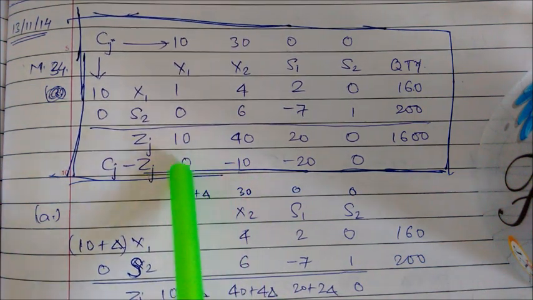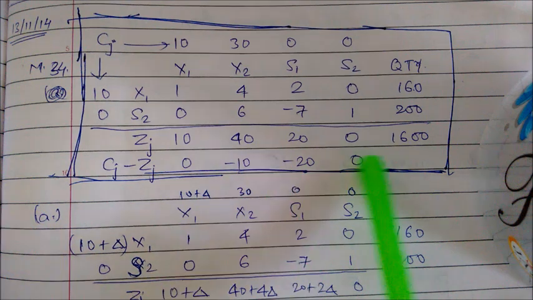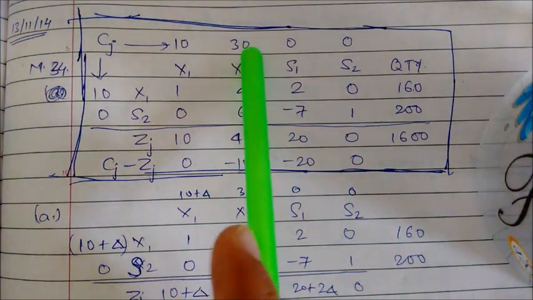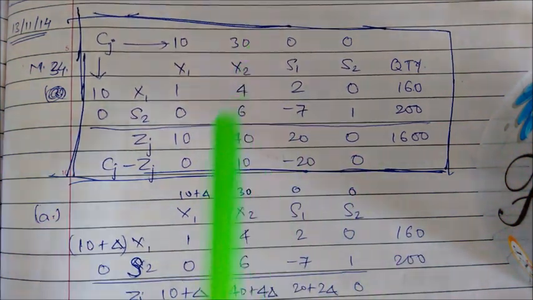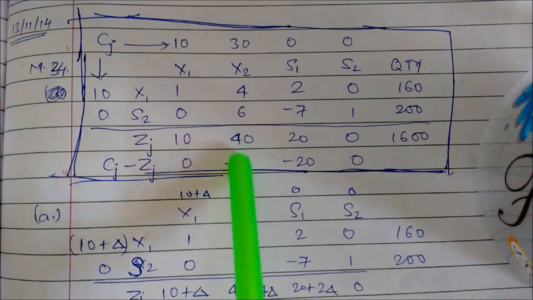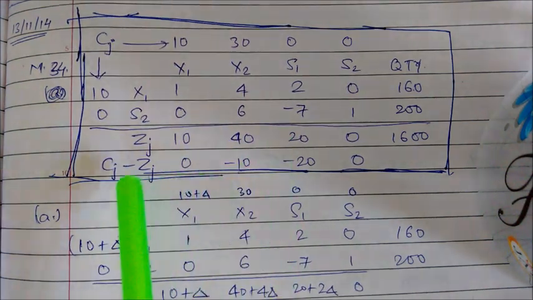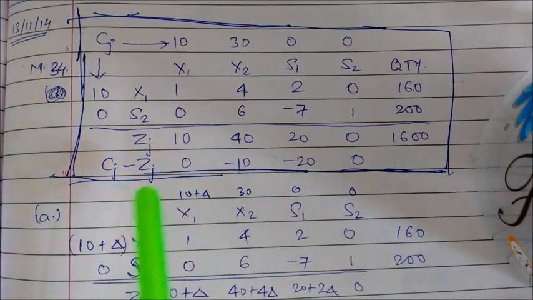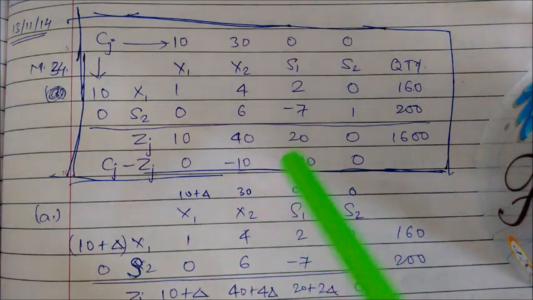We'll ensure that all the Cj minus Zj values are less than equal to 0. So for x2 we need to calculate Cj minus Zj, and it should be less than equal to 0.